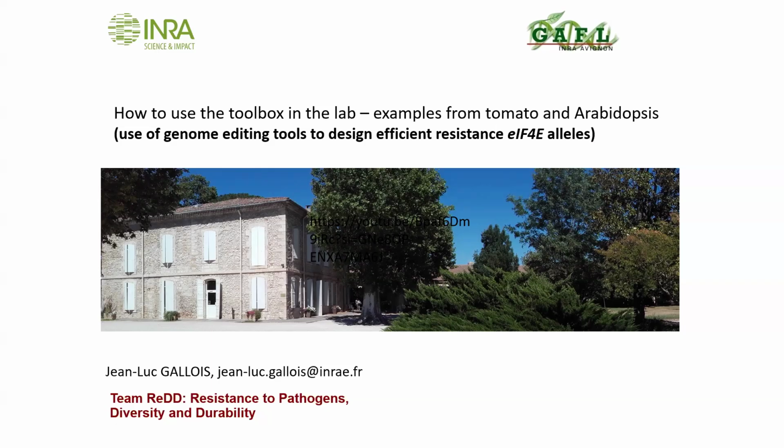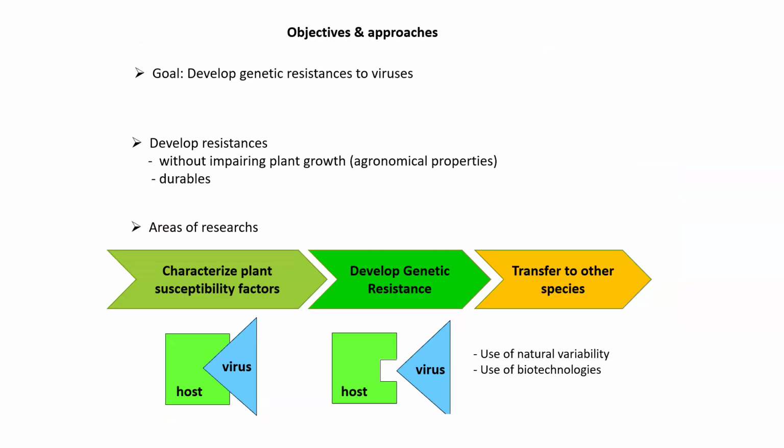The idea is to develop genetic resistances to viruses, mostly for crops from the Mediterranean area, but we think those mechanisms can also be translated to other crops. And the idea of developing resistance for plant breeding is that those resistances shouldn't impair the plant development and they should be of high durability.